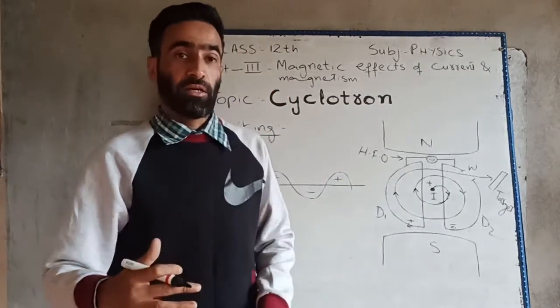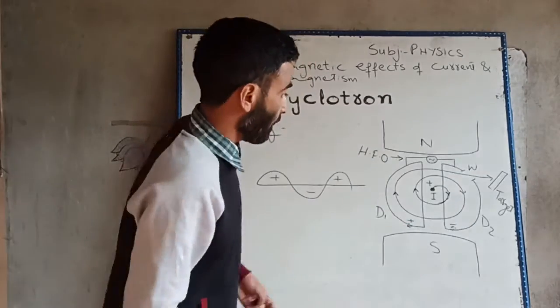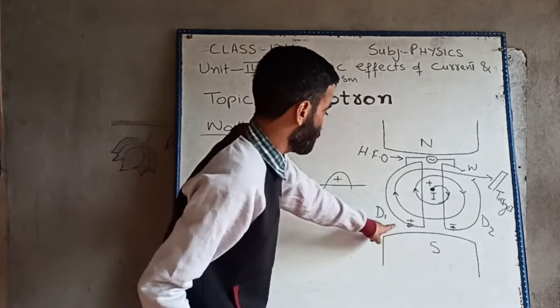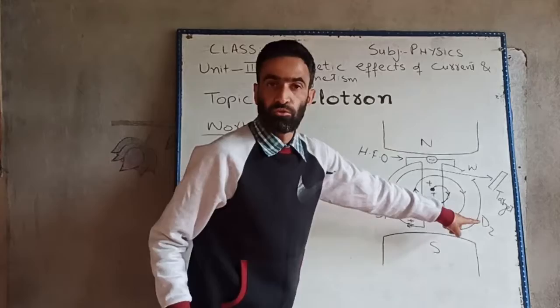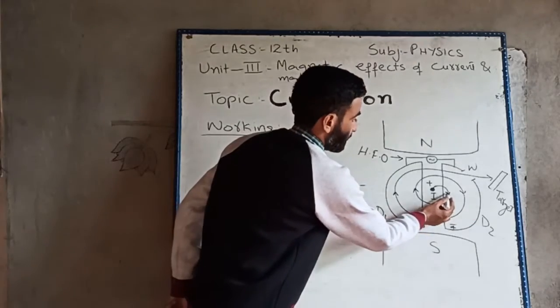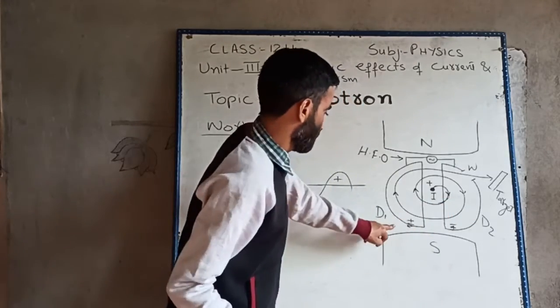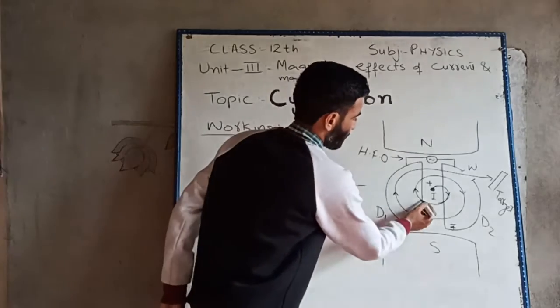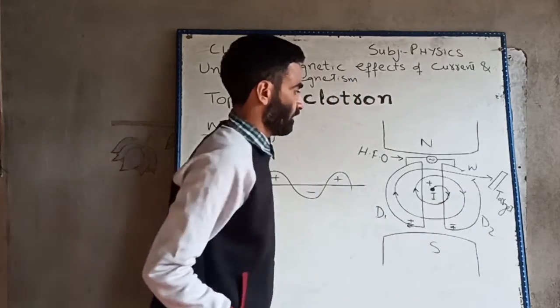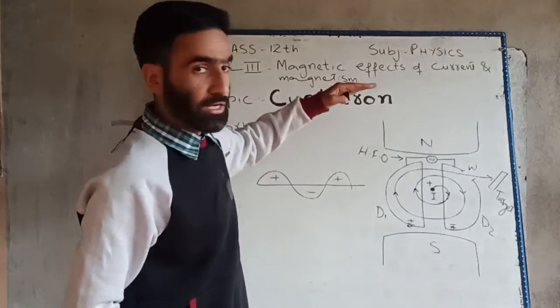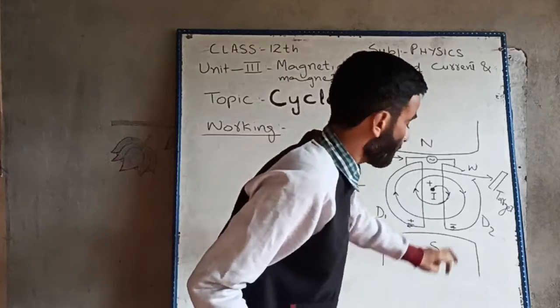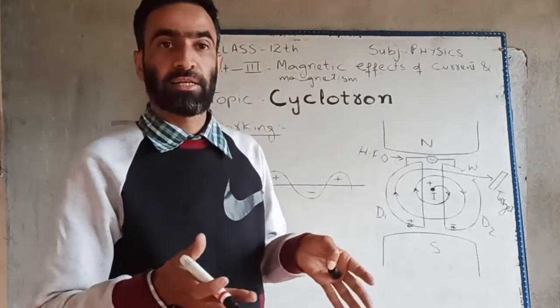Then in the next half, what will happen? Now D1 becomes negative and D2 becomes positive, and the particle will get attracted towards D1. But in the gap, what happens? Since there is the application of the field due to the north and south poles, in the gap the charged particle gets accelerated.